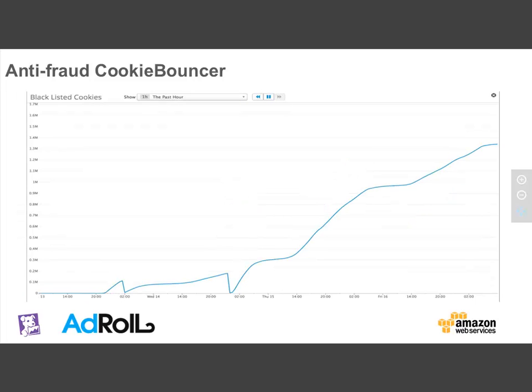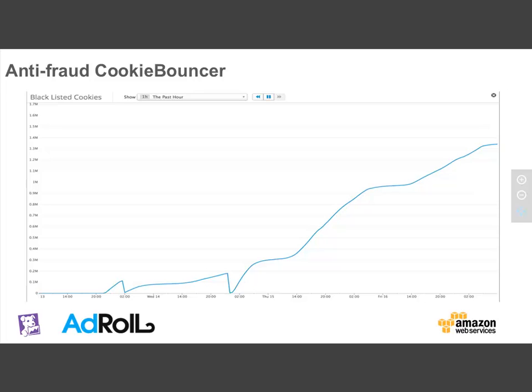And the total number of cookies that we blacklisted, you can see us experiment and reset off on the left-hand side. You'll see growth, and then we freak out and we reset it, and we turn it back on again, and we see the same level of growth. So we convince ourselves that that's normal behavior, and then there's a dip again where we reset it and set it back up with a more stringent level, and we see this slow growth of bounced cookies.